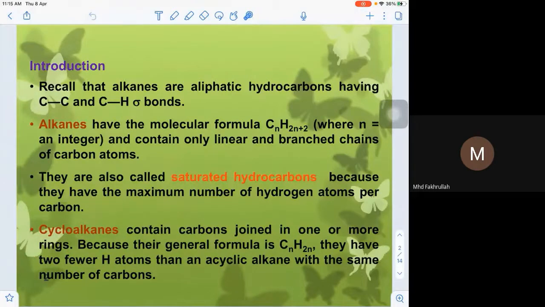With the general formula of CnH2n, they will have two less hydrogen than the aliphatic or ordinary alkane. Cycloalkane has a general formula of CnH2n, while the aliphatic alkane is CnH2n+2. It has extra 2 hydrogen. Cycloalkane is less 2 hydrogen.